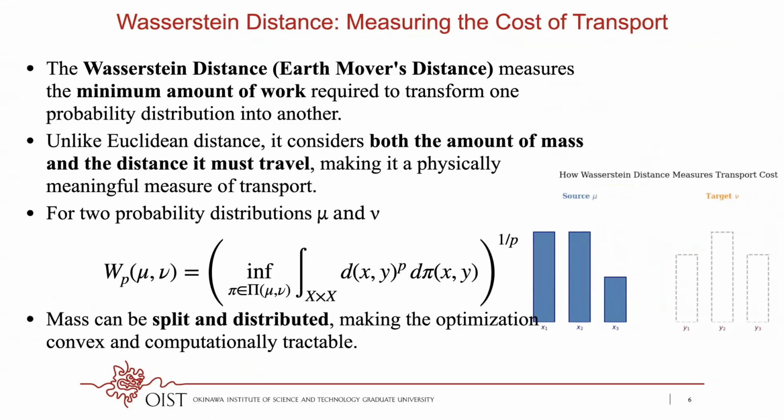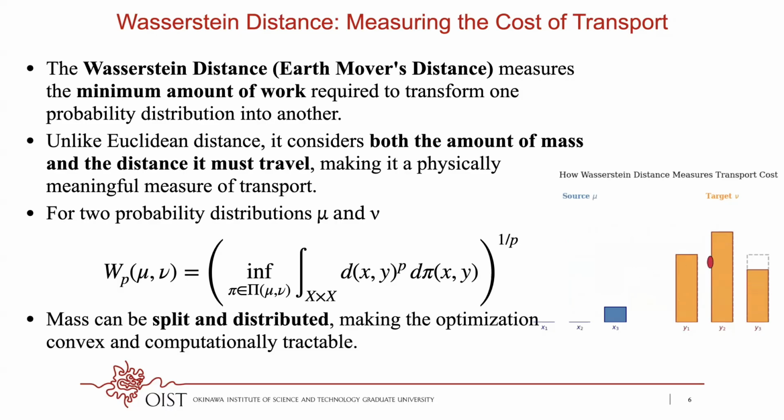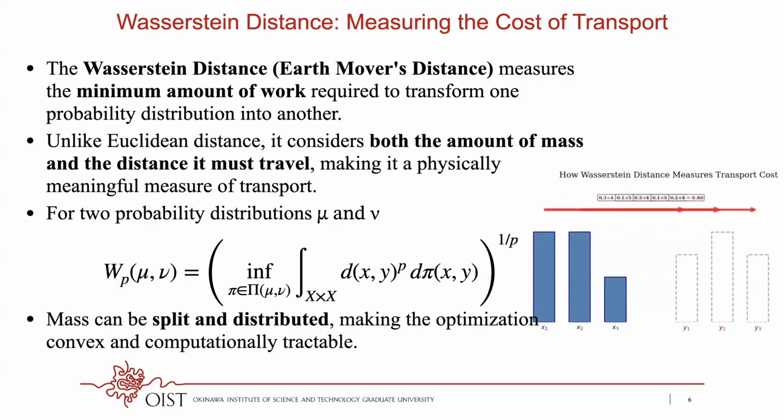Next I am going to talk about how it relates to the Wasserstein distance. Wasserstein distance, also known as earth mover's distance, measures the minimum amount of work required to transform one probability distribution into another.